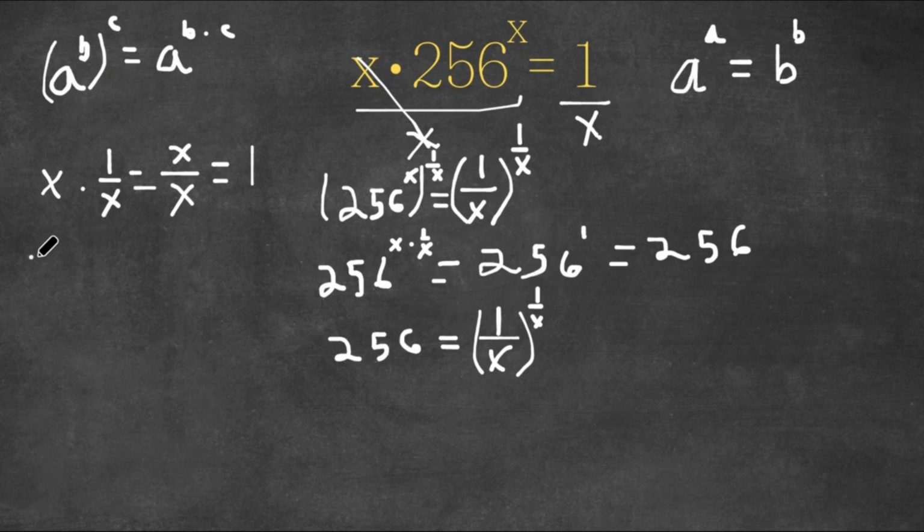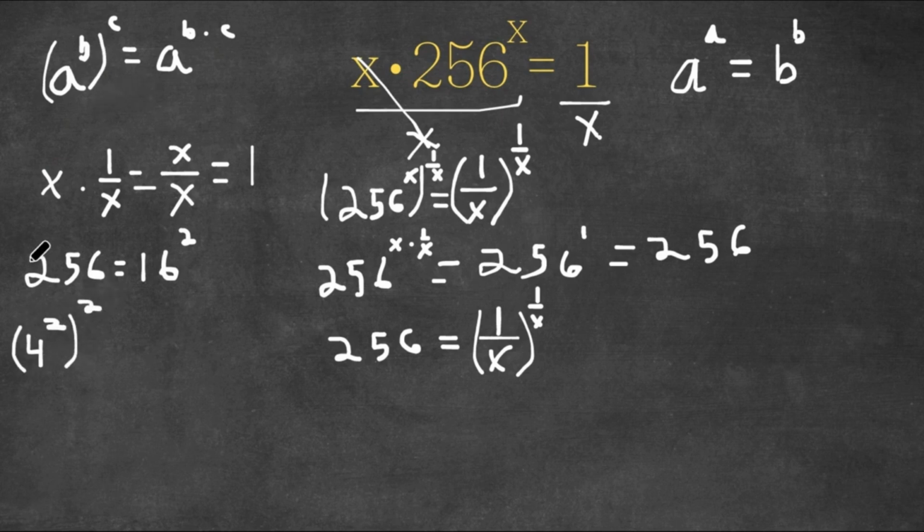Well, 256 is equal to 16 squared, right? Now 16 is equal to 4 squared. So we have 4 squared to the power of 2.